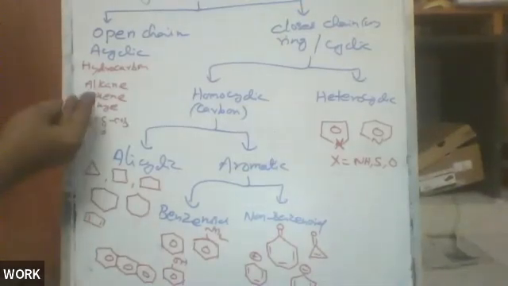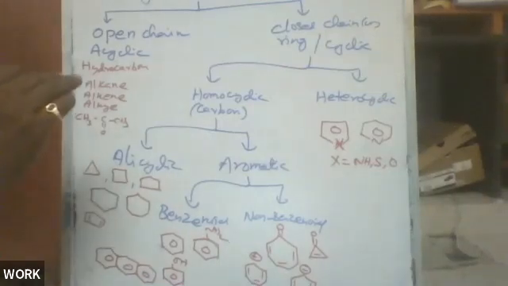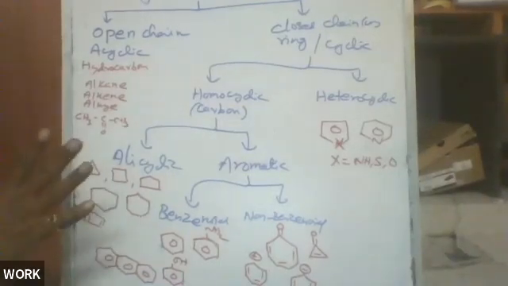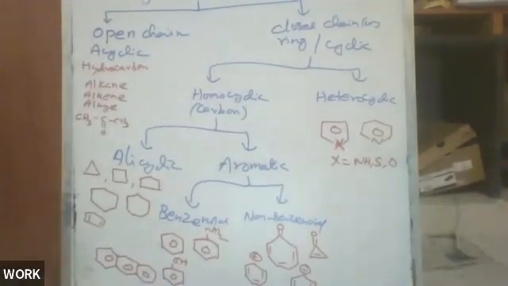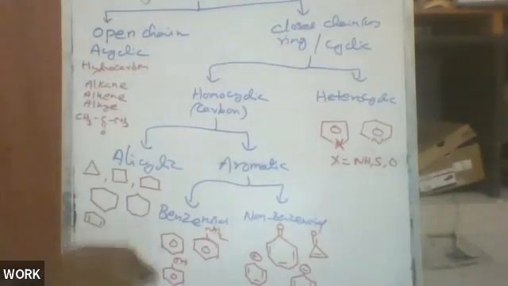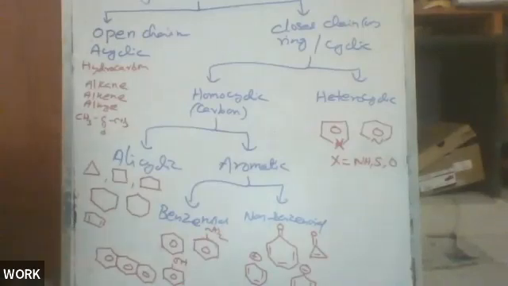So we have written alkane, alkene, alkynes. Alkane means only carbon carbon bonds and carbon hydrogen bonds, so there will not be any functional group. But alkene contains carbon carbon double bonds, so that double bond also behaves as a functional group. Any reaction undergoing at the double bond means that is the reactive part.